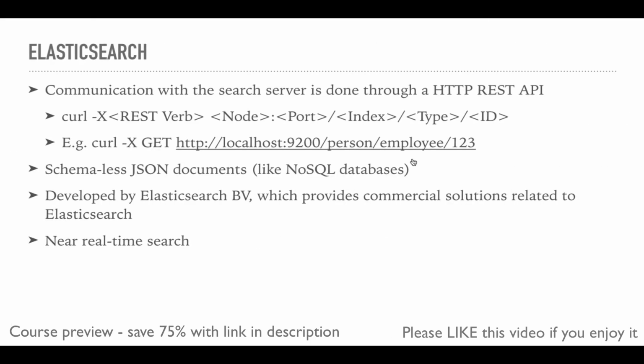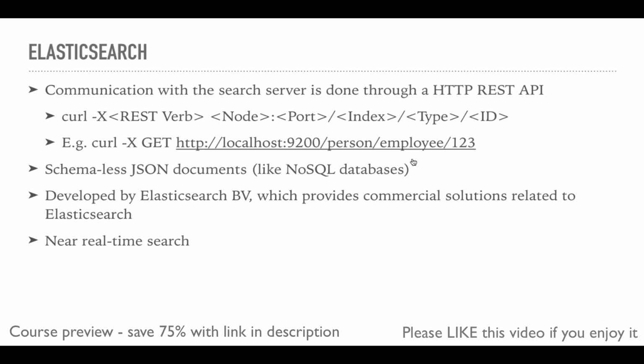Like I mentioned before, communication with Elasticsearch is done through an HTTP REST API. For instance, consider the example where an employee is fetched by issuing an HTTP request using curl. We'll see plenty of examples of this in this course, so I'm not going to go into the details of this right now, but just know that requests usually follow this pattern that you see on this slide, where the ID is optional.